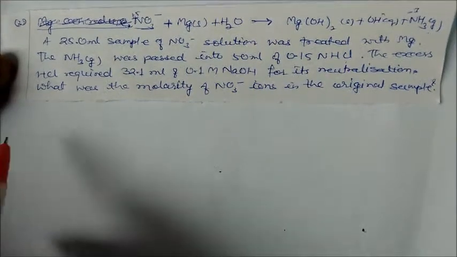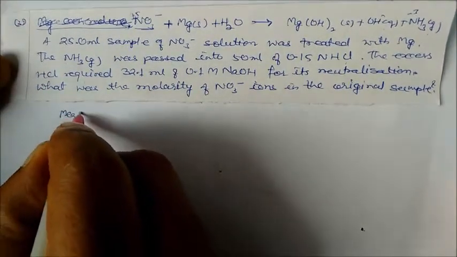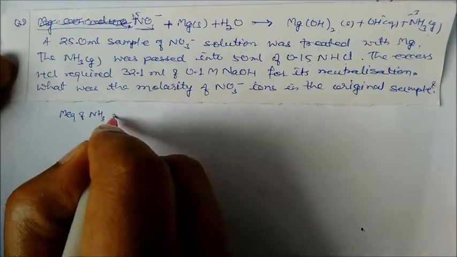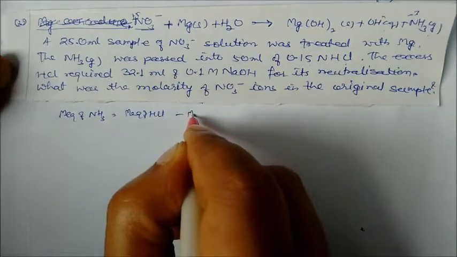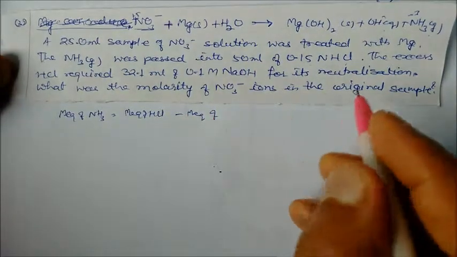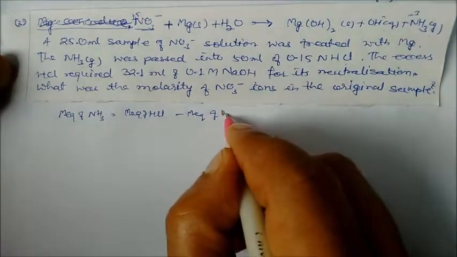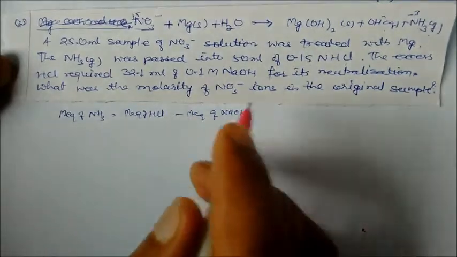Now first we will see the milliequivalent of ammonia. Milliequivalent of ammonia is the milliequivalent of HCl minus the milliequivalent of sodium hydroxide, that is, the milliequivalent of HCl used for sodium hydroxide.